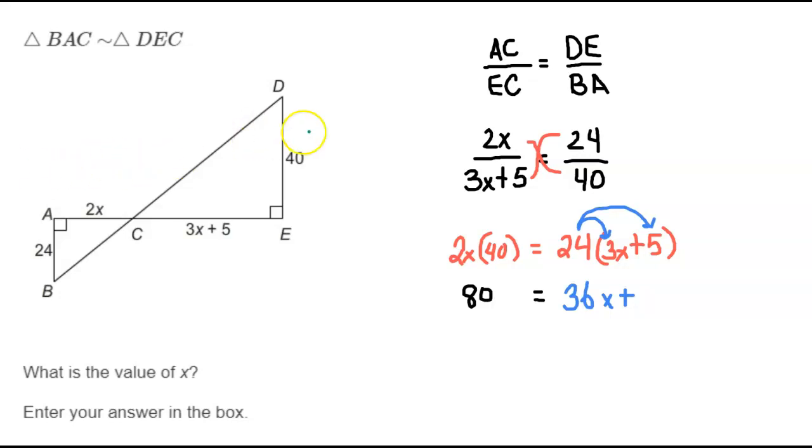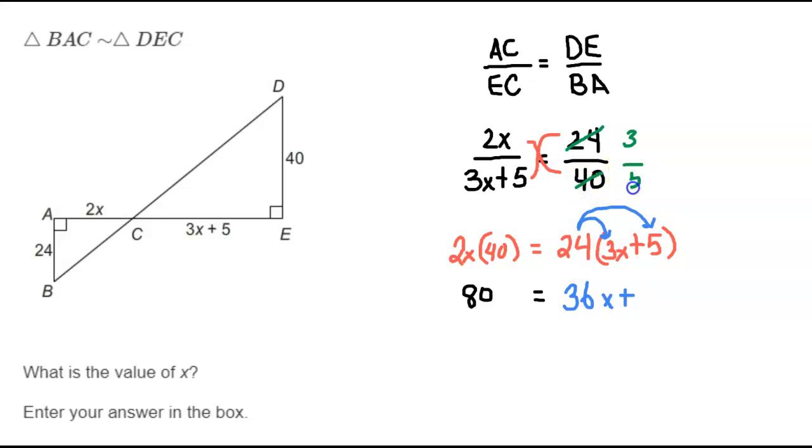So I would look and see, what goes into both numbers? It looks like I can divide 24 by 8, and I would get 3. And when I divide 40 by 8, I would get 5.